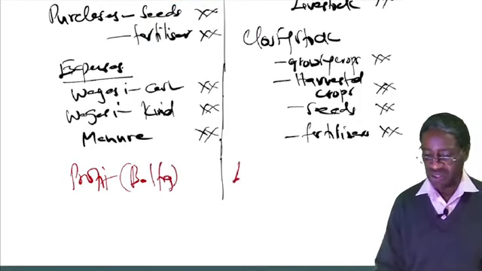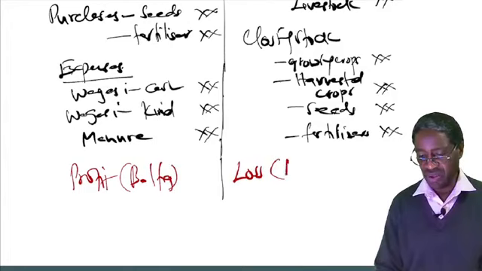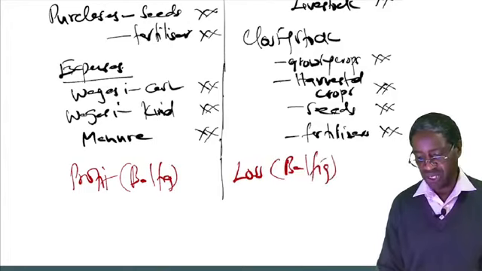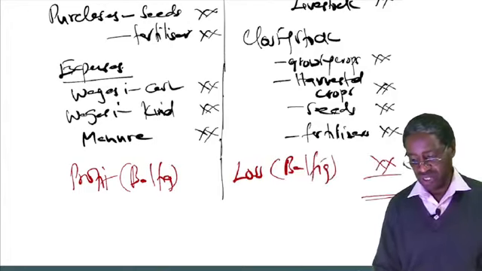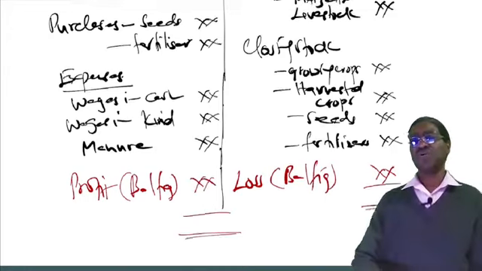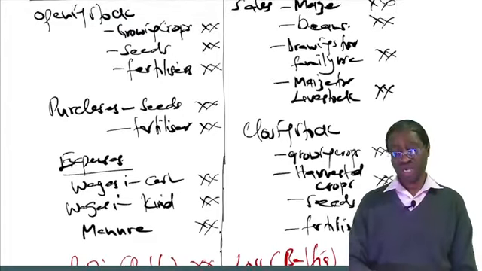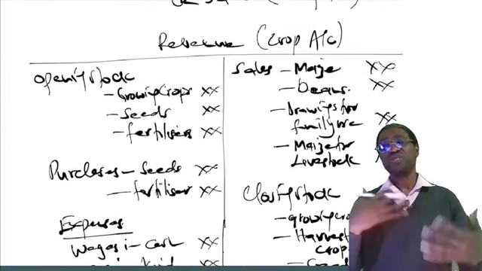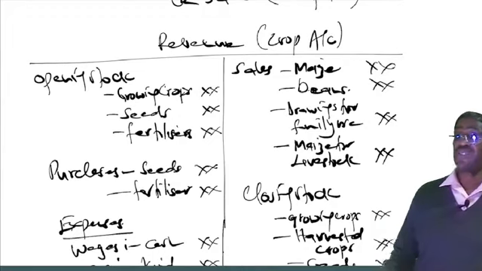If the difference is on the credit, then it's a loss. So that's how we prepare a revenue account. You will do the same for the other departments.